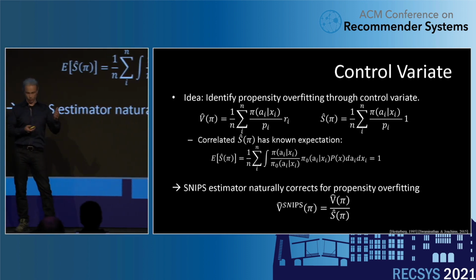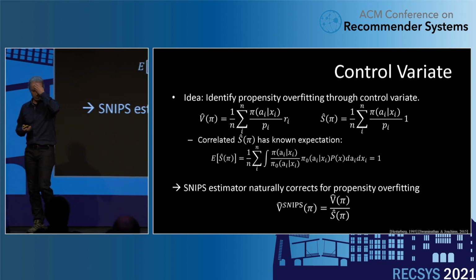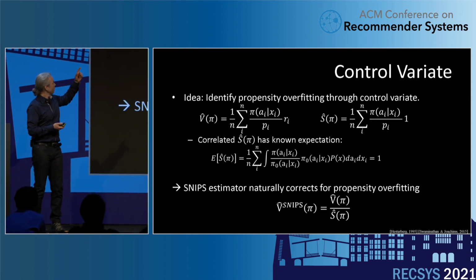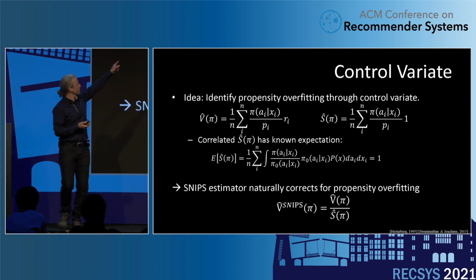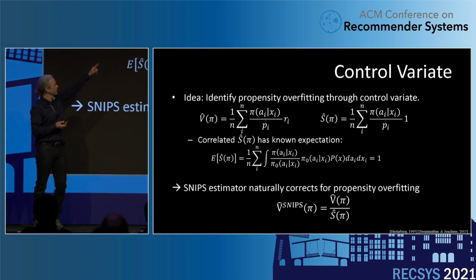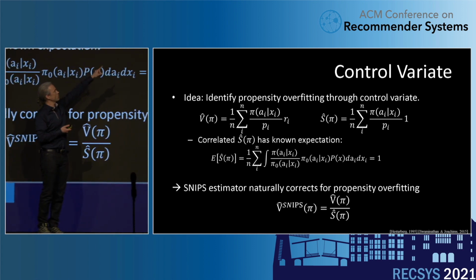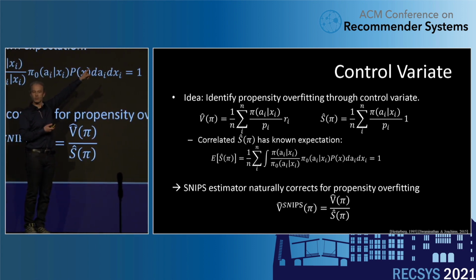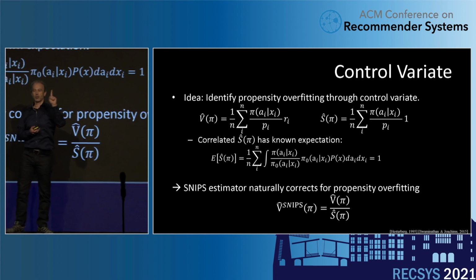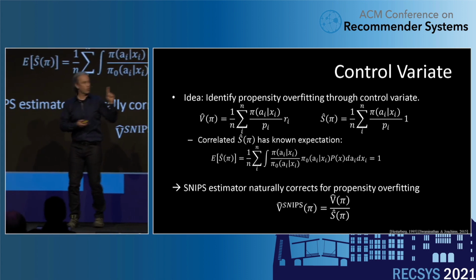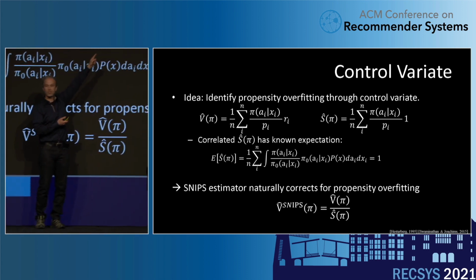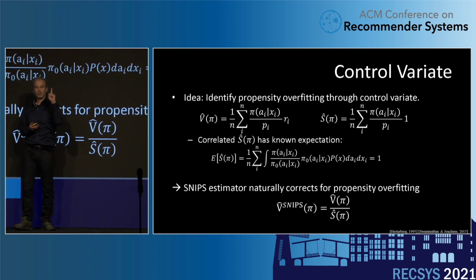And here's the trick, and it goes back to the SNIPS estimator. This is just the IPS estimator, right? And this is the IPS estimator where we replaced the actual rewards with 1. So basically this is just a fancy way of estimating the number 1.